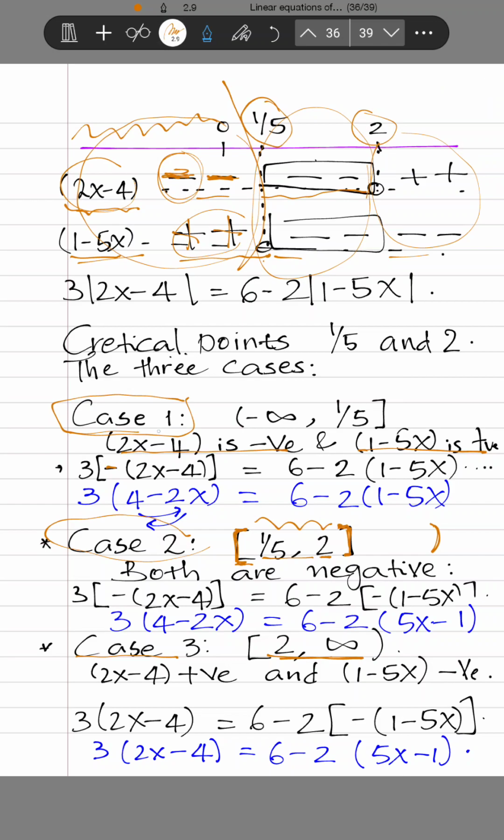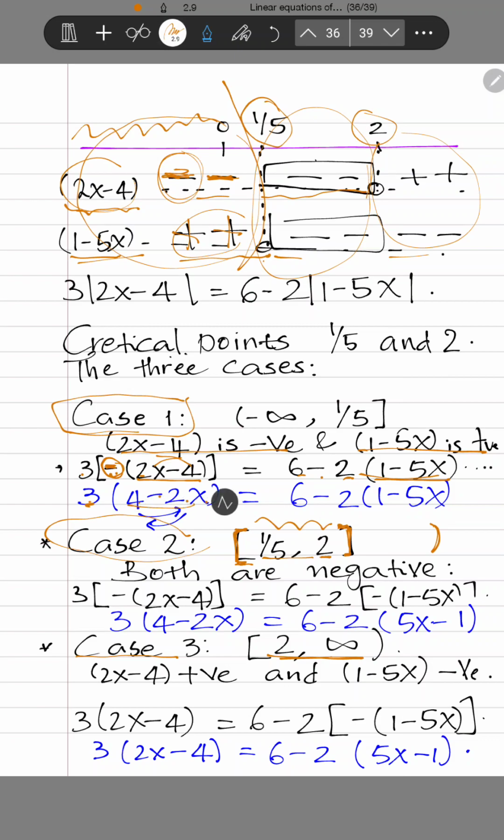For case 1, 2x minus 4 is negative. It's here, negative is there. But 1 minus 5x is positive. There is nothing there. So let's simplify. 3 times negative (2x minus 4) is equal to 6 minus 2 times positive (1 minus 5x). Now, 3 times, because I have a negative here, we need to transpose this one. 3 times (4 minus 2x).